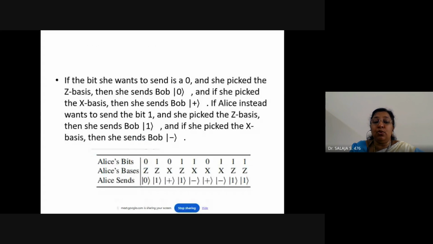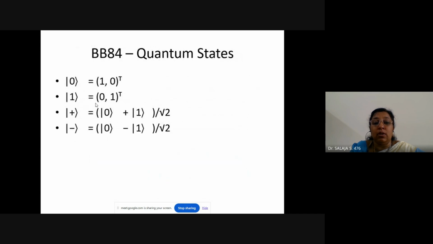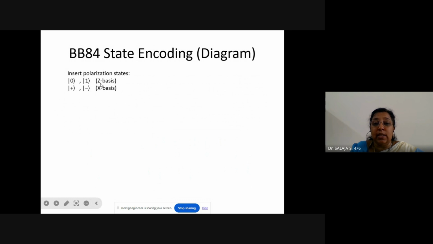Now, what do we do? Based on the bases we select, we send the quantum bits, ket 0, ket 1, because if you remember, if I select Z base, for 0 I'll be using ket 0. For 1, I'll be using ket 1.